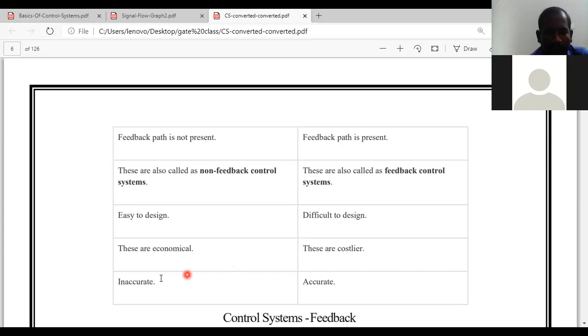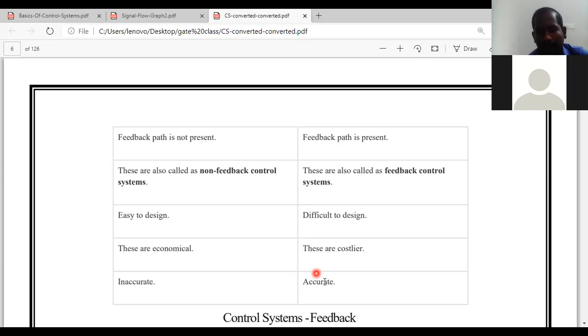Then one more important point is that the open loop control system is inaccurate. The output may be affected by external noise, and it will not be corrected automatically in open loop control system. Therefore it is inaccurate. Whereas in closed loop control system, the disturbance signal is taken into account by means of the feedback element, so the disturbance is automatically removed to get the desired response.